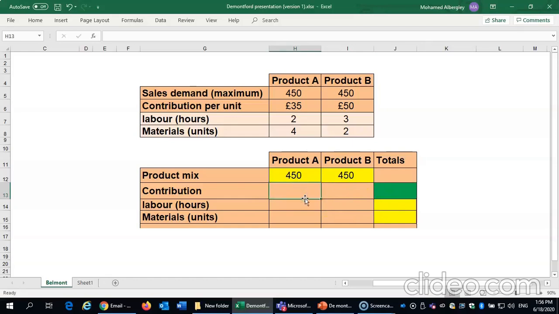To do so, we start with A, press equal, 450 multiplied by the contribution per unit. And go to B, 450, and multiply it by the contribution generated by each 1 unit of B. And then, in order to calculate the total contribution, add the figures together.